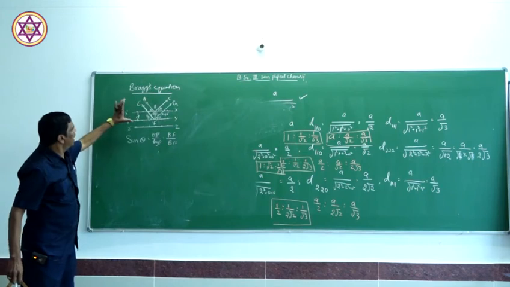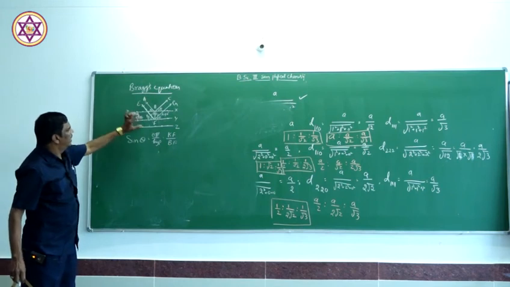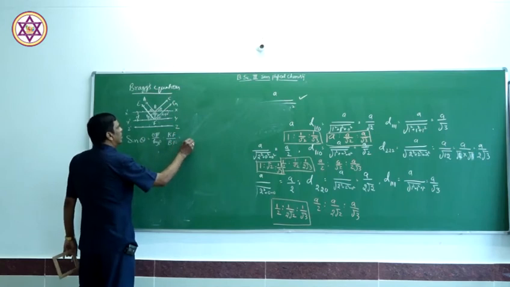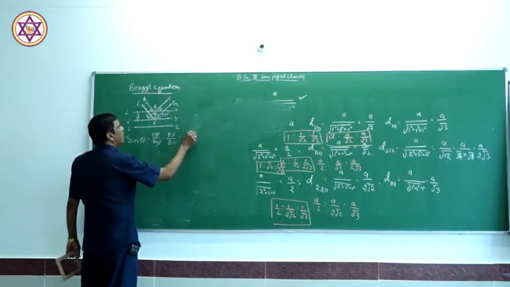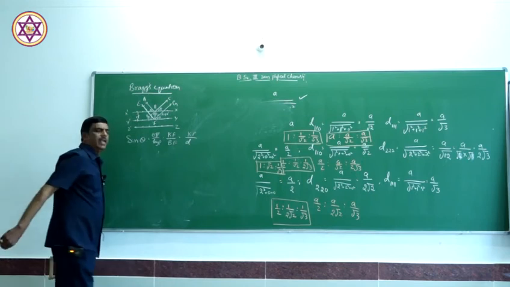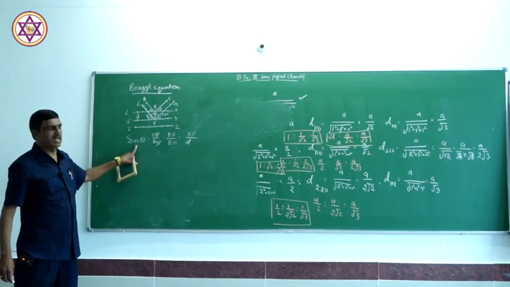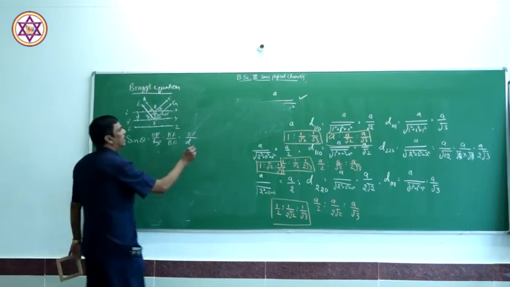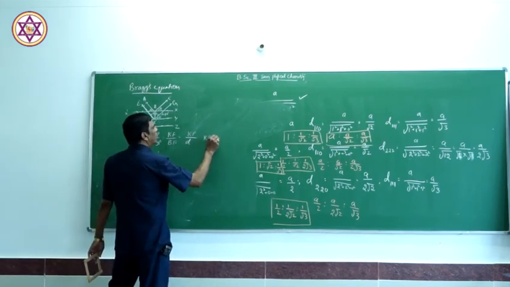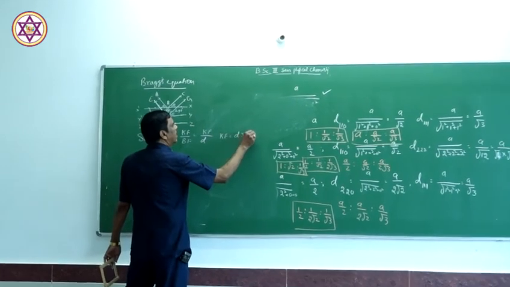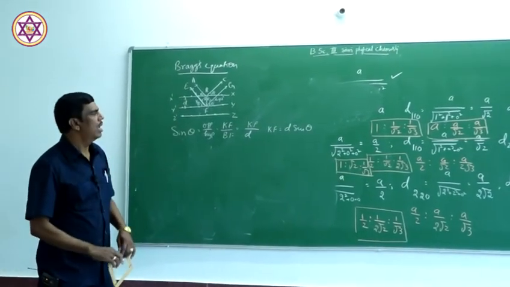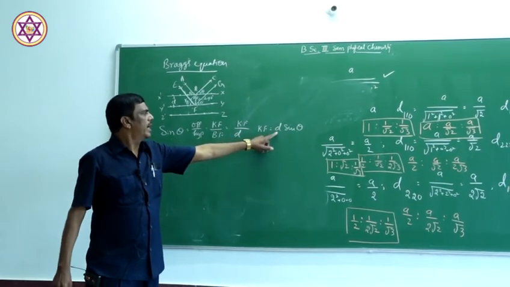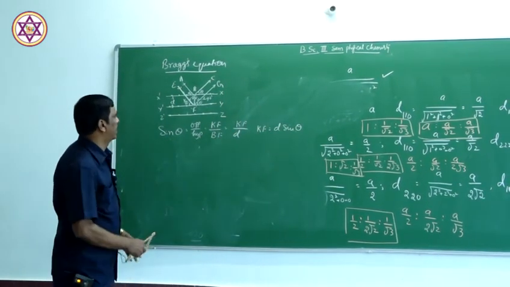BF is nothing but the interplanar distance D. Therefore, in place of BF, we can write D. So, KF by D is equal to sin theta, or KF is equal to D sin theta, where theta is the angle of incidence and D is the interplanar distance.